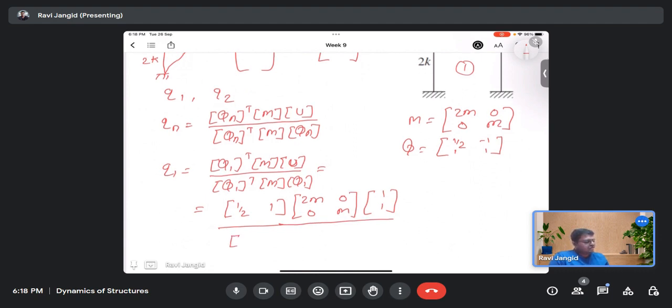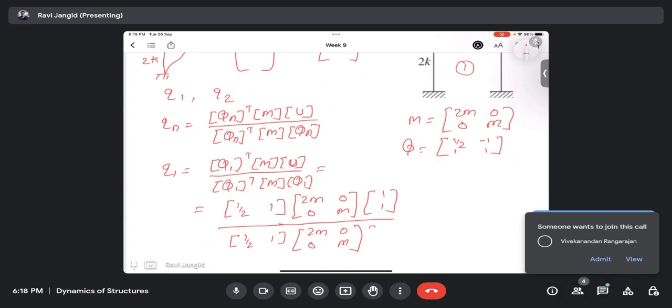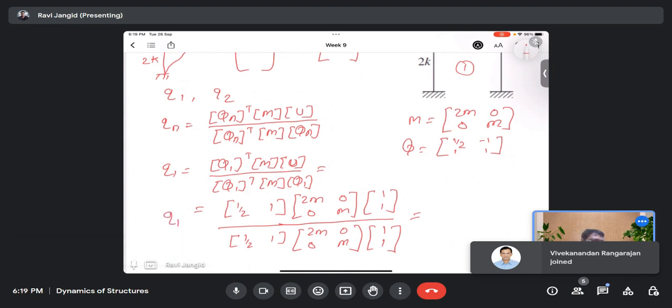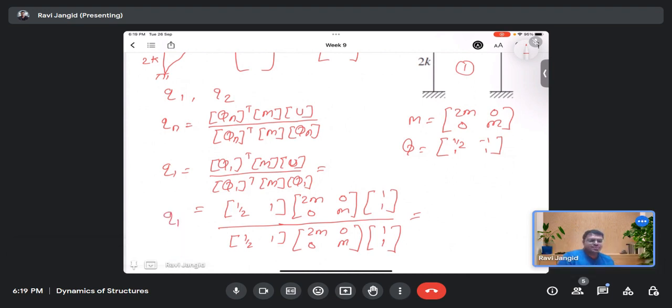Again in the denominator, 1 by 2, 1, then 2m 0 0 m, then 1 by 2, 1. Can you get me the value of q1? And using the same, can you get me the value of q2 also? Please give a try to find the modal expansion for q1 and q2.